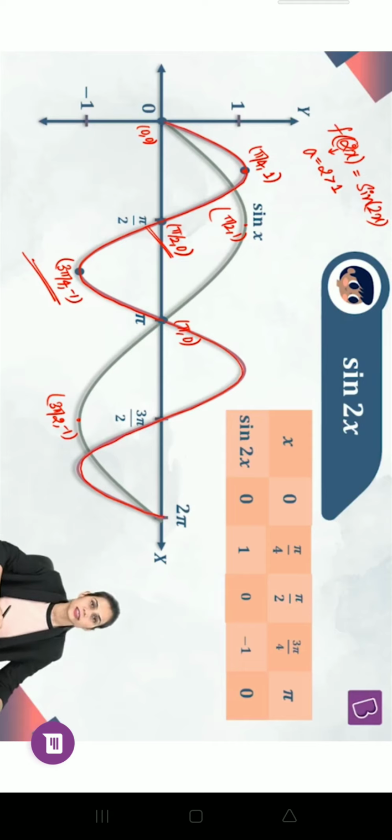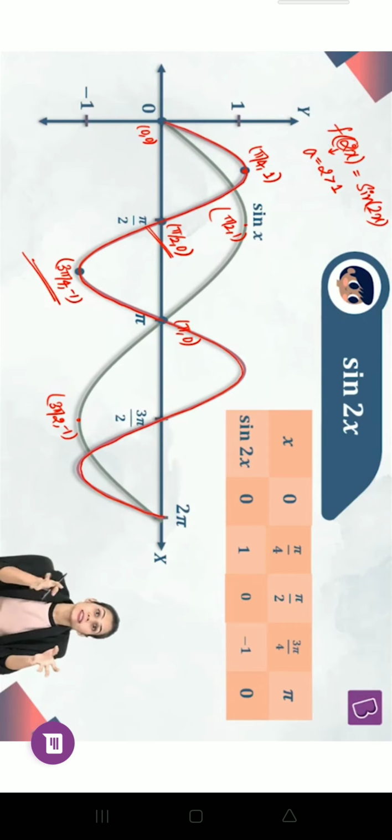This observation is not confined to the sine function, it is relevant for every function f. If you have the graph of f with you, you just need to stretch it horizontally along the x-axis by a times, and you will end up getting the graph of f of ax, where a is a fraction between 0 and 1. And that ends my discussion over the horizontal stretch transformation.